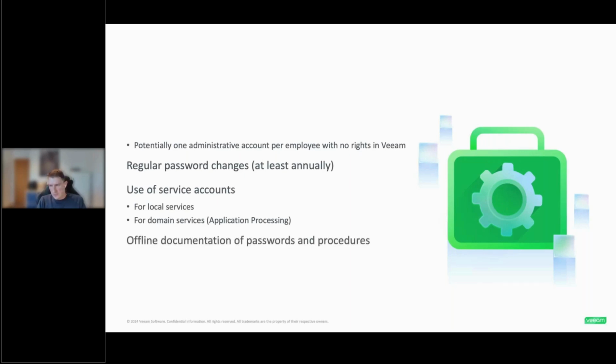Another thing, and that's the last topic from the technical measures, use and have available offline documentation for passwords and procedures. Because the best example is you have encryption keys and you have access keys and passwords for your Veeam infrastructure present in your KeePass on your digital infrastructure. But what if the production infrastructure runs down?